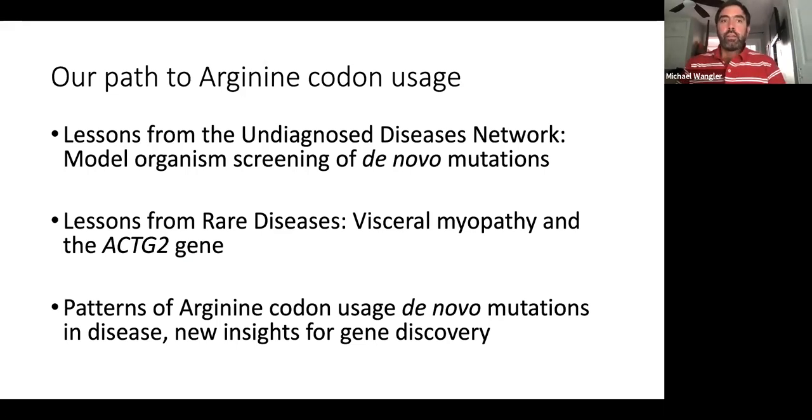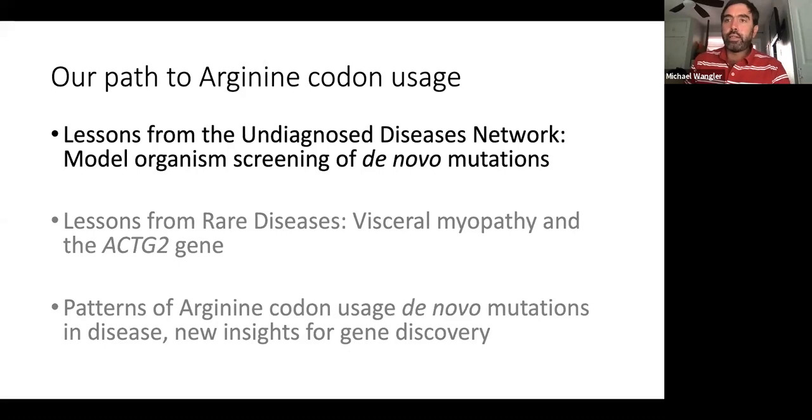One thing that got us thinking about arginines quite a bit was actually our work in the Undiagnosed Diseases Network itself, and I'll talk about that. And then I want to cover in some depth visceral myopathy, a specific intestinal genetic disease that really hammered home, at least for me, some of the issues that we approached in the arginine paper. And then I'll talk about the paper.